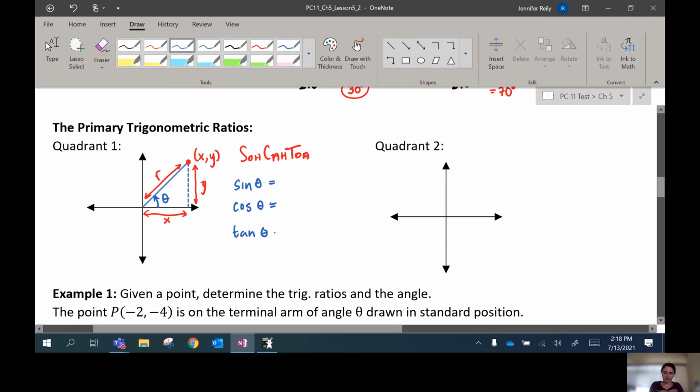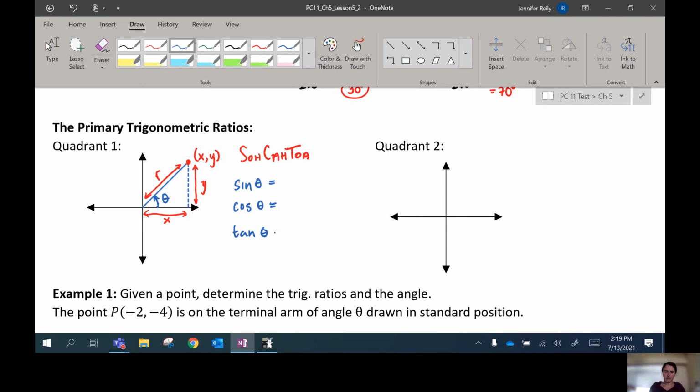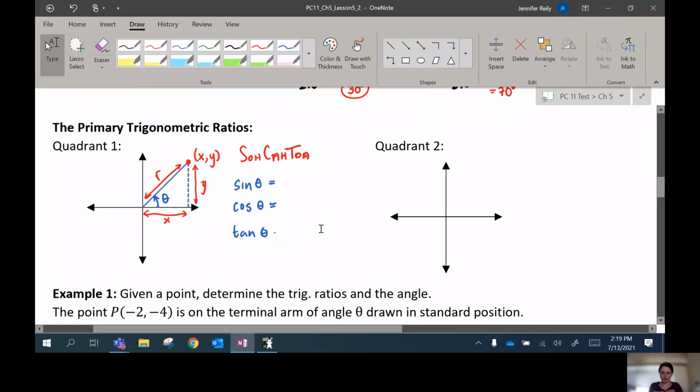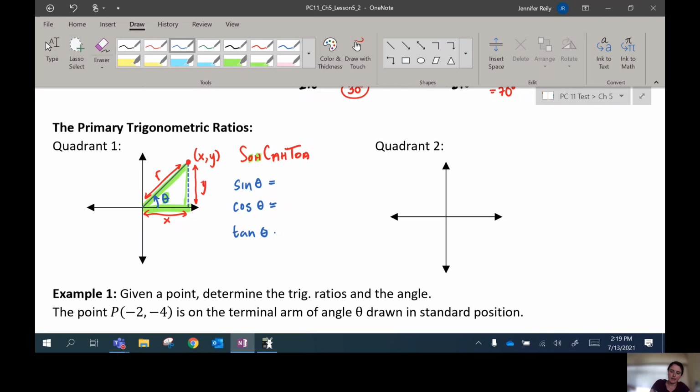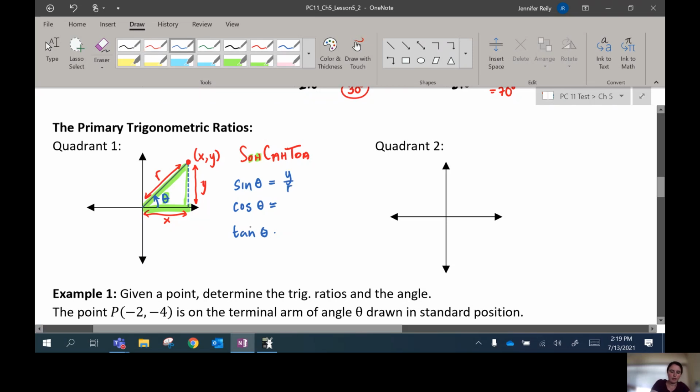I'm working with this right triangle here, and I'm using this angle here. So sine is opposite over hypotenuse, so it would be y over r. Cos would be x over r, adjacent over hypotenuse, and tan would be y over x, opposite over adjacent.